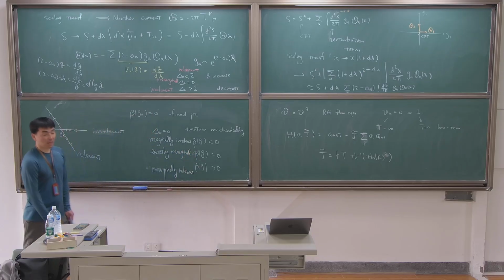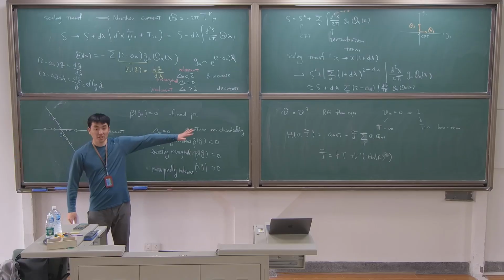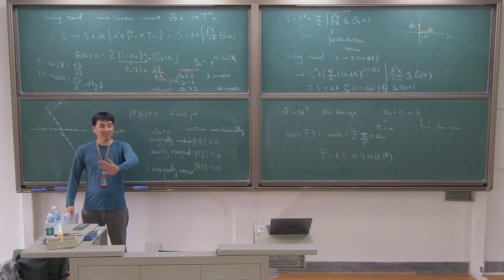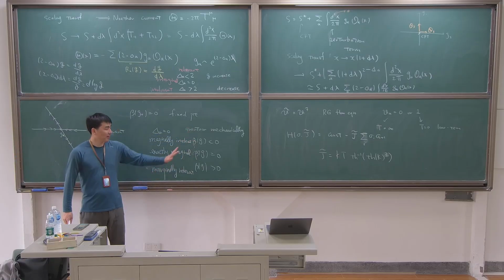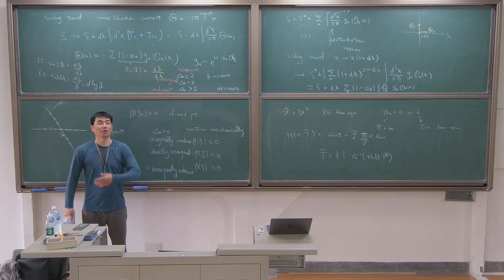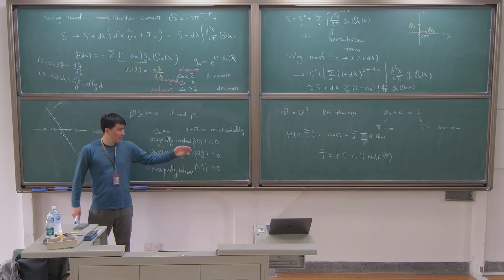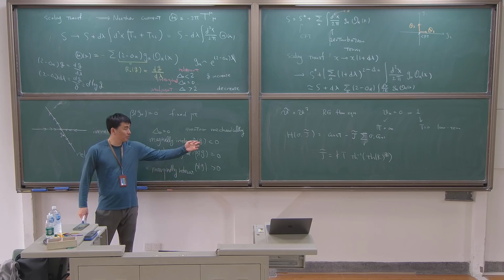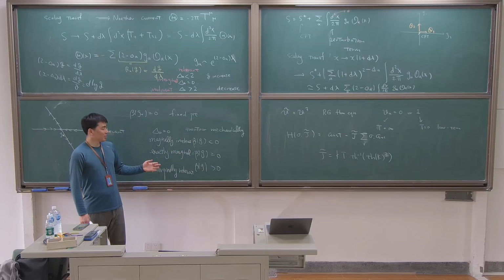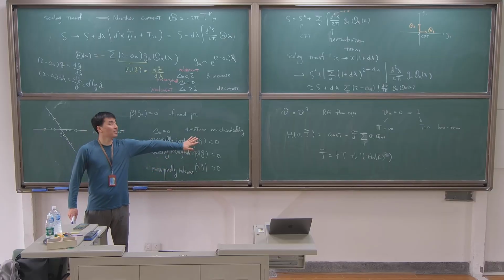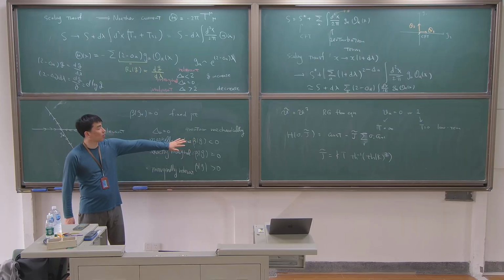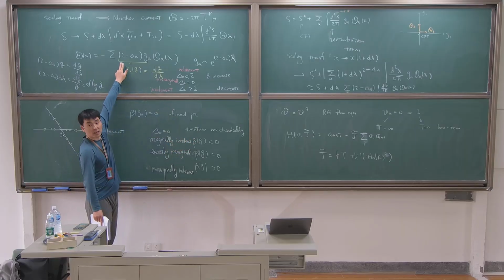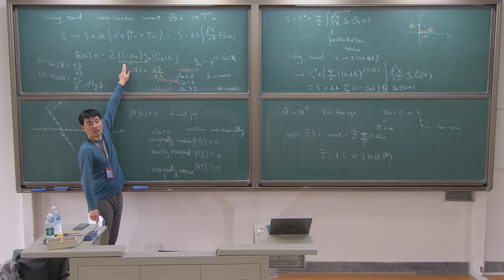If you take the QFT course, the beta function receives one-loop correction, two-loop correction, and so on. Moreover, if G is very big, non-perturbative corrections become important. So quantum mechanically, beta can receive lots of quantum corrections in addition to this classical scaling.